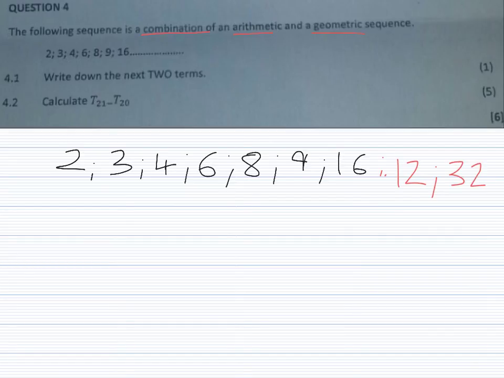And then it says calculate T21 minus T20. Now remember that this whole sequence is divided up into different terms. So you've got term 1, term 2, term 3, 4, 5, 6, 7, 8, and 9.